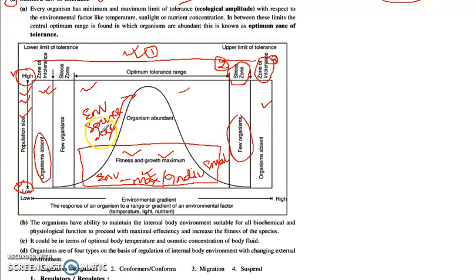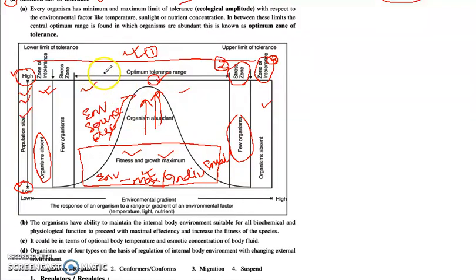As they decrease, the organism abundance goes on decreasing. And beyond this line, beyond this tolerance limit, the population explodes, called population explosion.